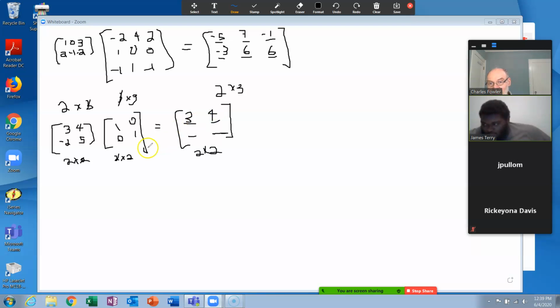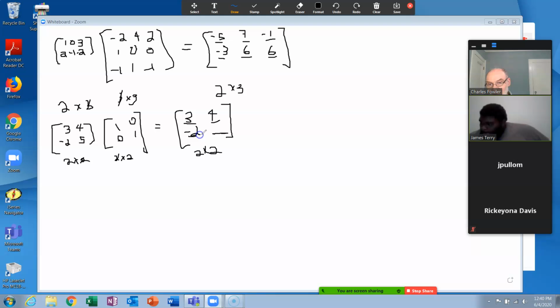Okay, this is the second row, first column. So we do second row here by first column there. That would be -2 times 1 is? -2. Plus 5 times 0. 0. And that gives you? -2.